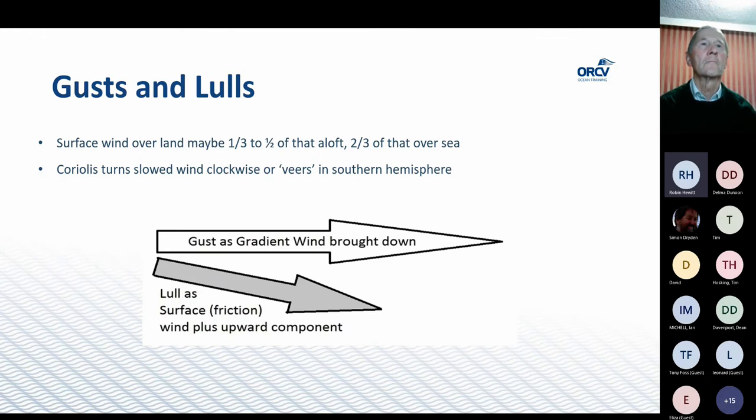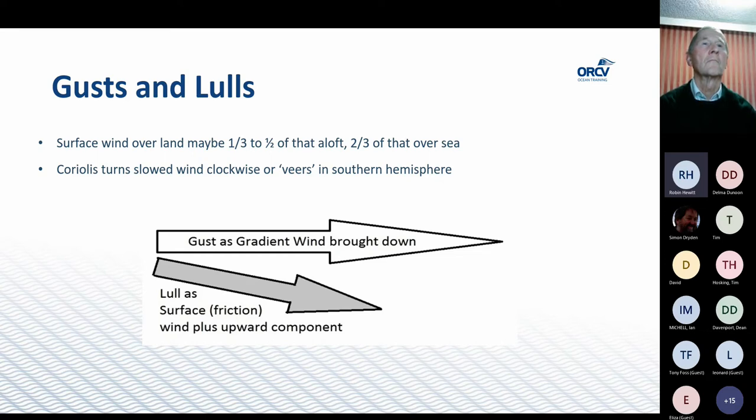And just think about this, in gradient wind terms, maybe 1,000 feet high and so on, the wind is a lot faster than what it is over the land.